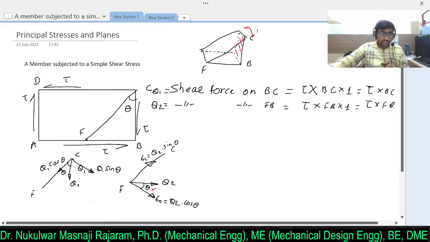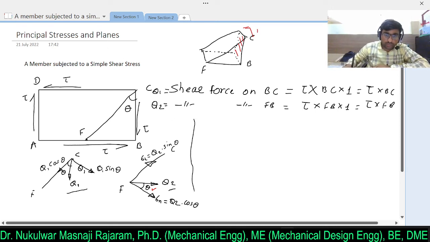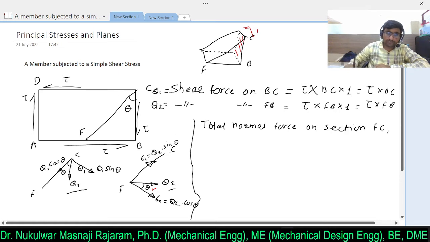Now here we need to combine these Q2 and Q1 shear forces in one direction. So here I will write the total normal force on section FC. So due to Q1, this Q1 sin theta, due to Q2, Q2 cos theta.